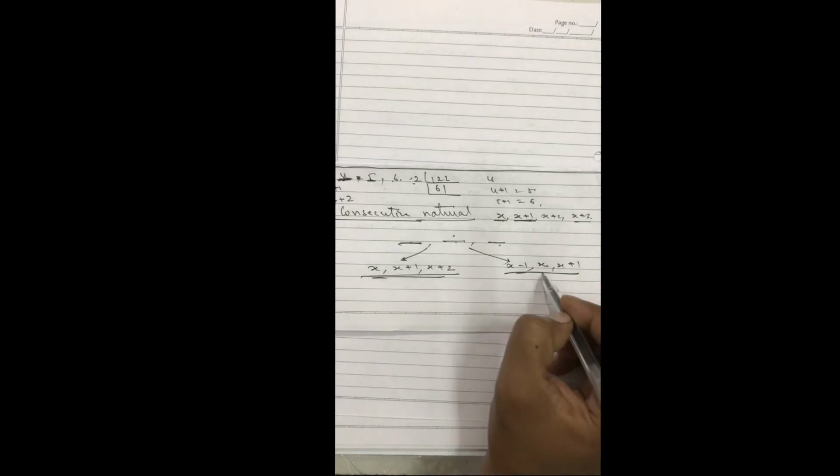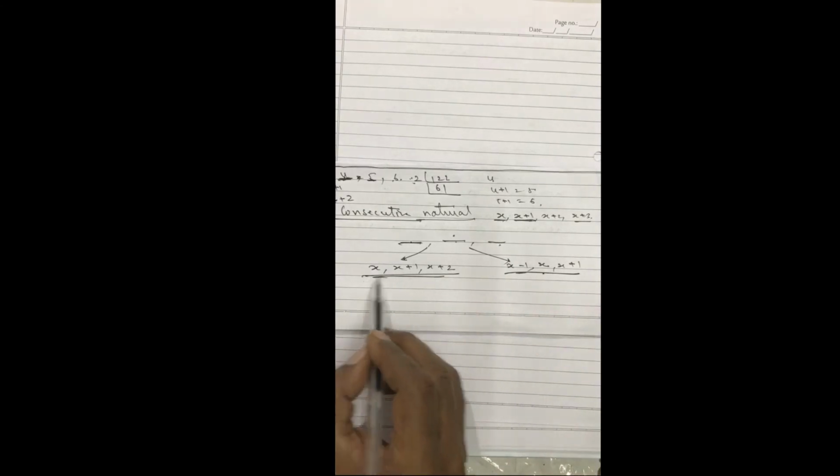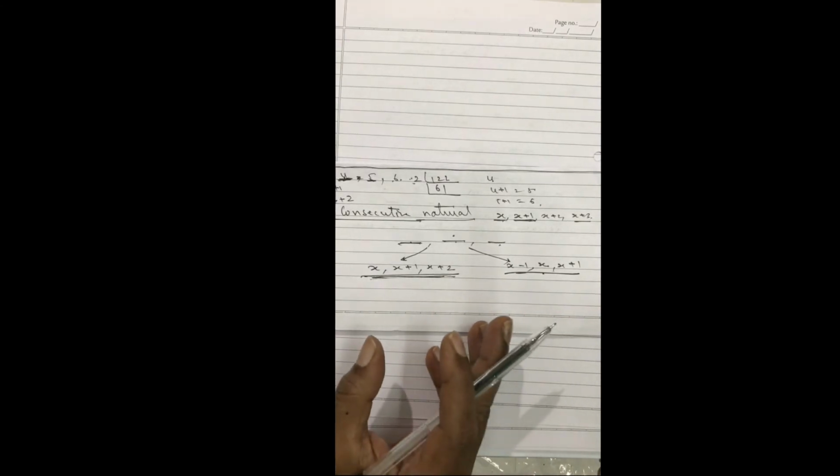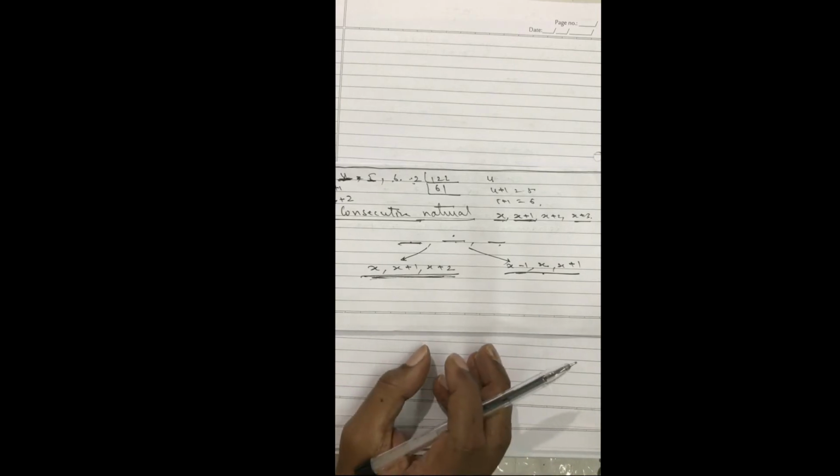I will always recommend that you take this combination when 3 or 5 consecutive natural numbers are given. This is the best combination. Of course, if you are very comfortable, you can do otherwise, but always play with numbers, my dear students. It is always nice to play with numbers because there are a huge number of combinations that you will be facing, and you have to handle them in the right fashion.